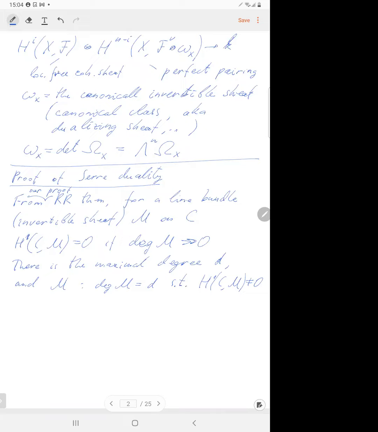Okay, but so far we only pick such M, and then for any point C in our curve, we have the exact sequence, like this, with the skyscraper sheaf.